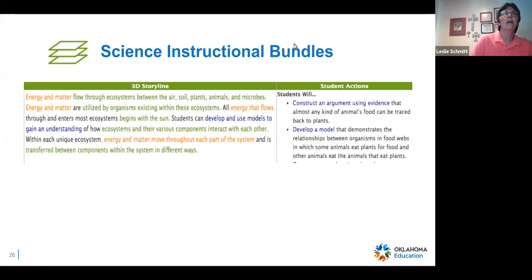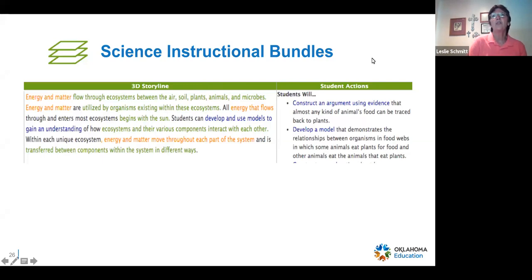So when you're talking to your students about this standard, these green pieces of the storyline will fall under the disciplinary core ideas of that standard. And then the bright blue, again, is the science and engineering practices, developing things, using models, charts, graphs, those types of things will fall under there.